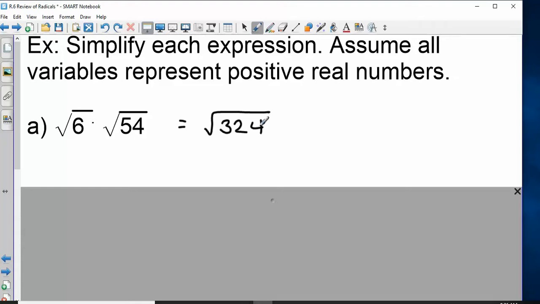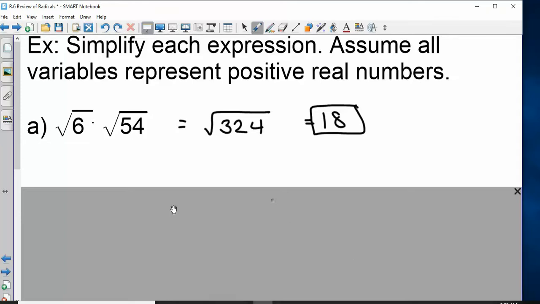And that's 324. Can you do the square root of 324? 18. So sometimes it's easier to go ahead and combine those things before trying to simplify them.